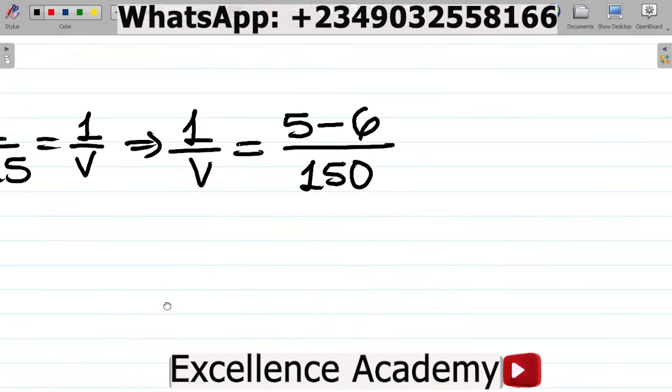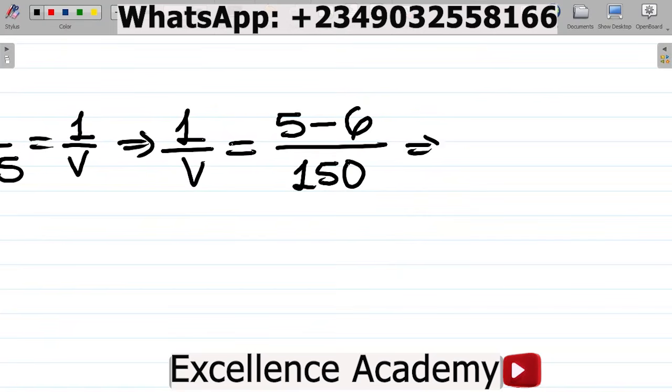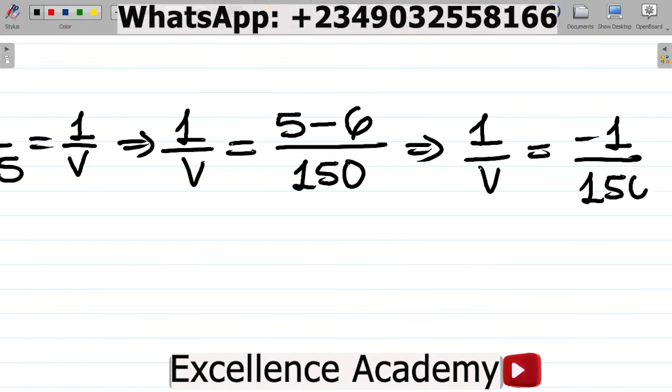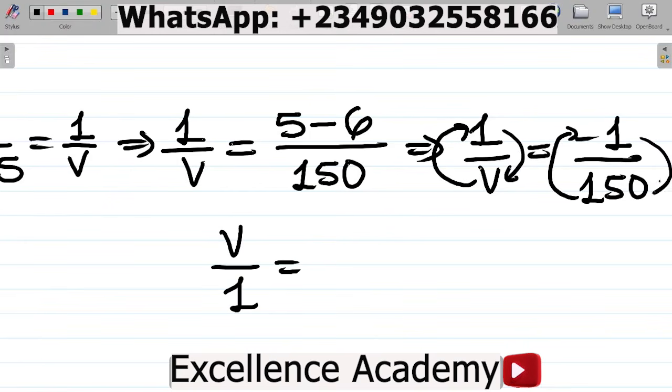Now solving this further, 1 all over V is equal to 5 minus 6. 5 minus 6 is minus 1 all over 150. Right, now to solve this, take V to the numerator, take 1 down, that's inverse them, so it becomes V over 1. So V over 1 is equal to, take 150 up, take minus 1 down.